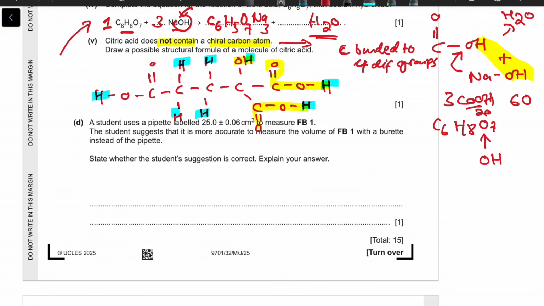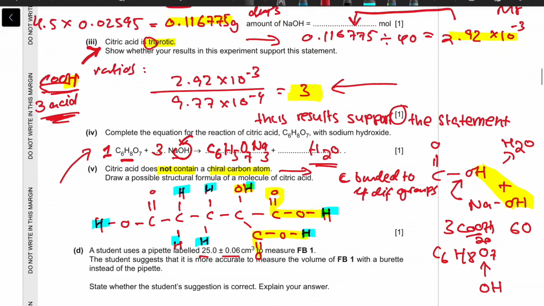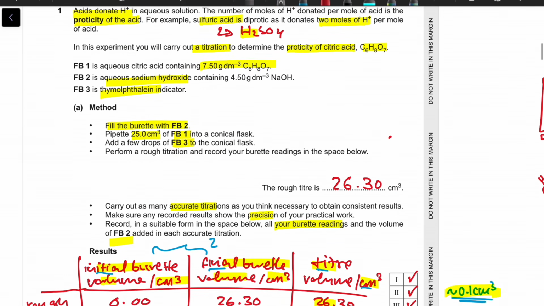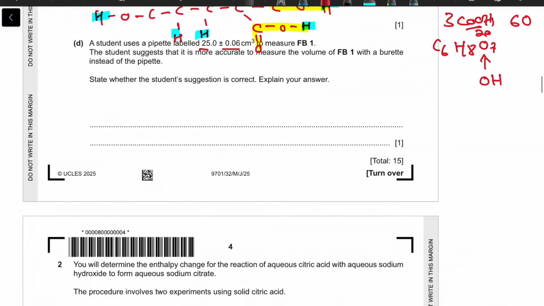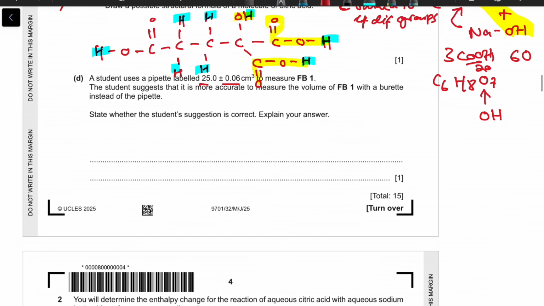Now here it says a student used a 25 centimeters cubed pipette, with a plus minus standard deviation of error of 0.06 centimeters cubed to measure our FB1, which is our citric acid. The student suggests that it is more accurate to measure the volume of the citric acid with a burette than with a pipette.